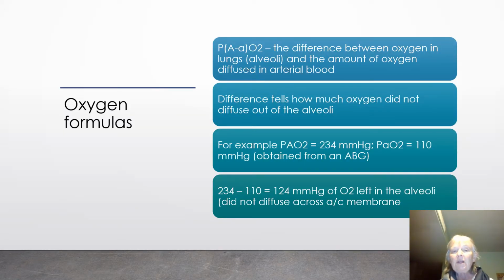So the one formula, there's your A to A. It's the difference between what's available in the lungs and the alveoli, and actually how much of it did get into the arterial system at this particular point. And the difference between the two, as you can see here, is how much did not get across. And when we get into a mechanical vent, we're going to talk about which value is it that tells us that we have a big issue with our patients.